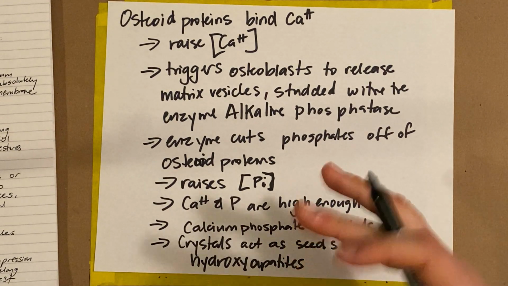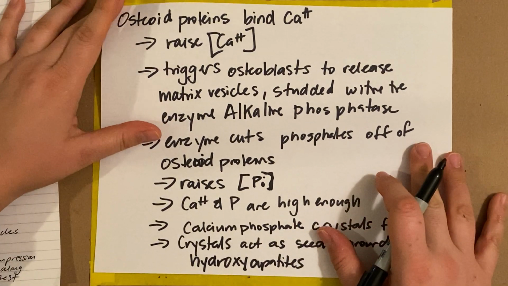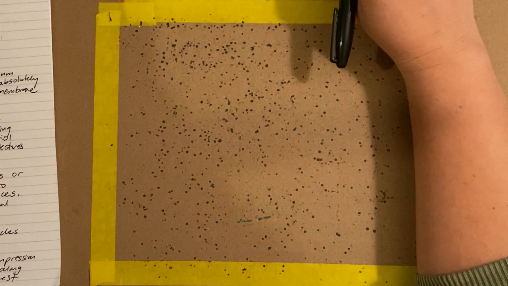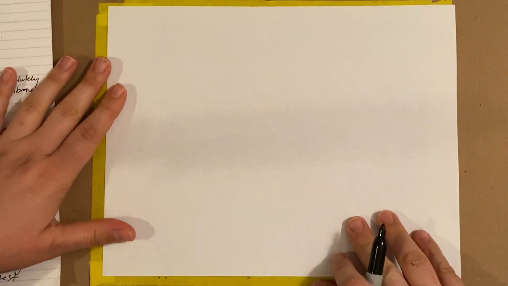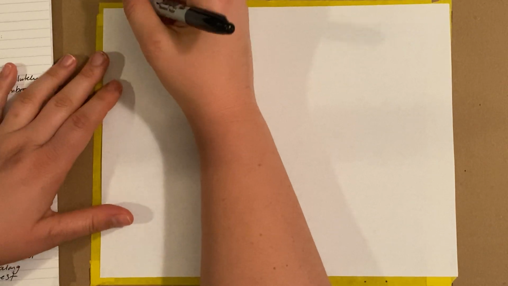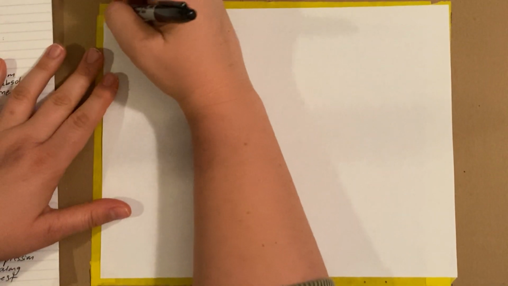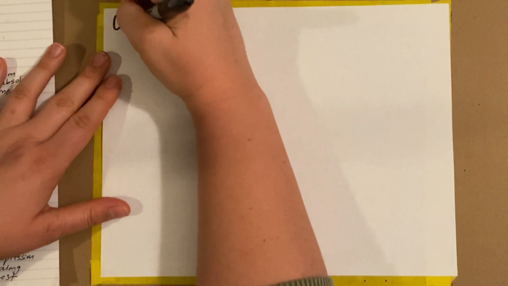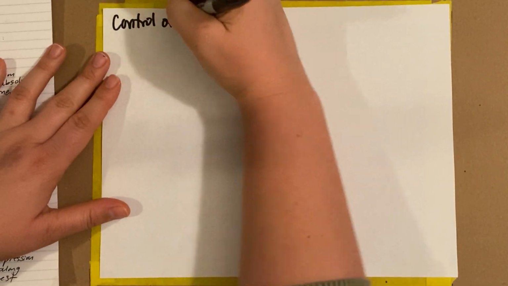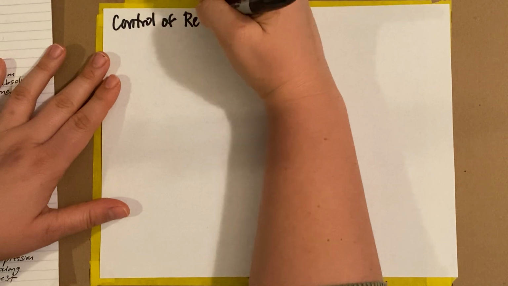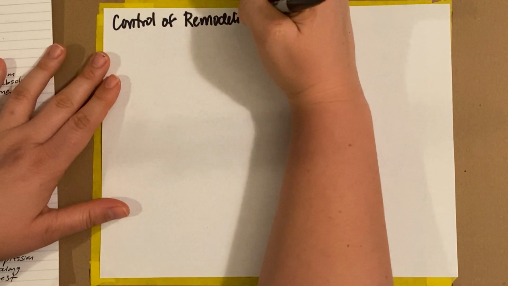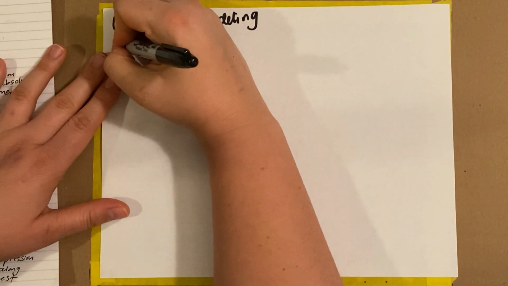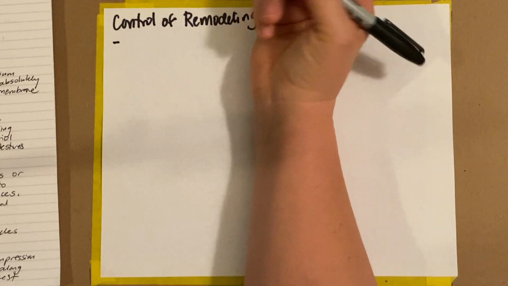Okay, so what's actually going to control how this is all happening? There are two major things that control bone remodeling, and there are two purposes for why you want to remodel. So we're going to say control of remodeling. Remodeling serves two purposes.